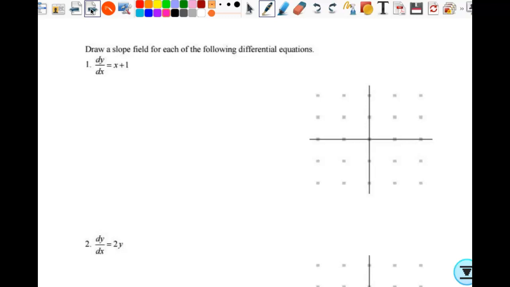So if you've got this point at 2, 0, you plug in 2 here, you get 3. So your slope is 3. So then if you go to 2, 1, what's your x value? Plug it in, what do you get?